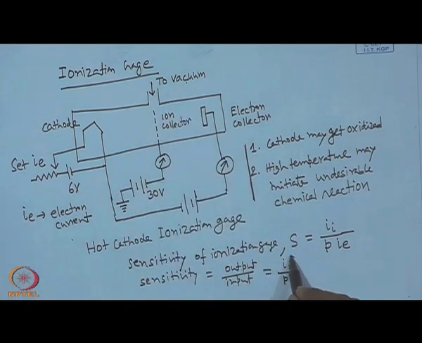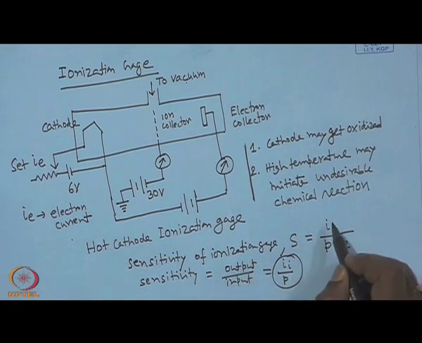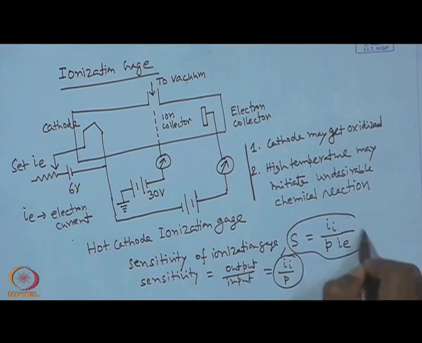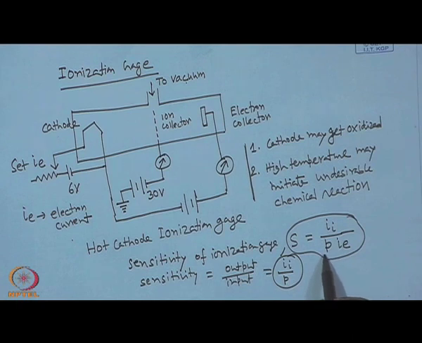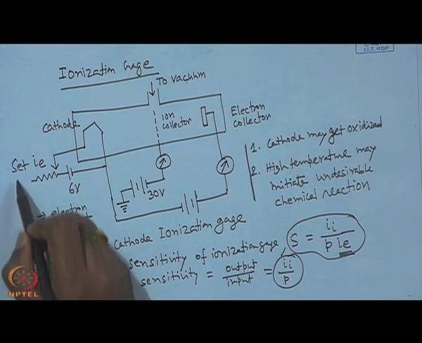But instead of using this, we multiply the denominator by the electron current.